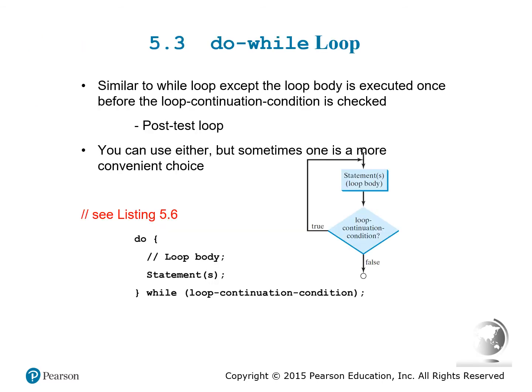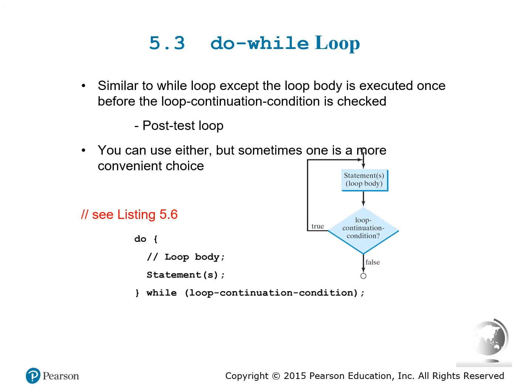The do-while loop is a post-test loop, meaning that the loop continuation condition is tested after the first iteration of the loop. Notice the syntax of the do-while loop. The loop begins with the keyword do, followed by braces, the keyword while and the loop continuation condition in parentheses, and a semicolon.